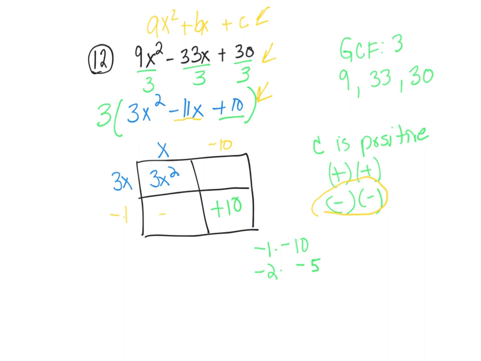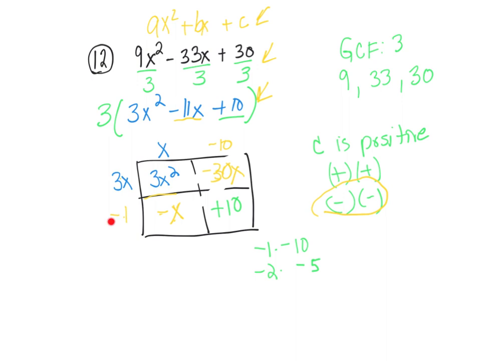And this would be a -1x, and this is going to be a -30x. When I look at this as a -x and a -30x, that's going to tell me that's a negative 31. And obviously that's not a negative 11.